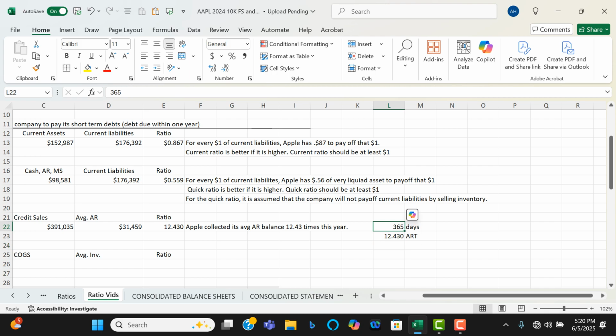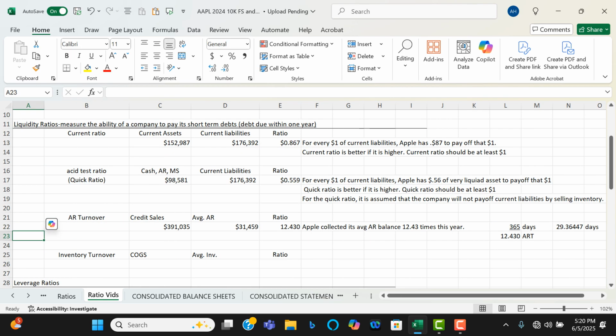And we get just over a month, about 28 days or something like that. So 365 divided by 12.43. What this says is that Apple collected its accounts receivable every 29 days, which is about a month, which really isn't that bad.